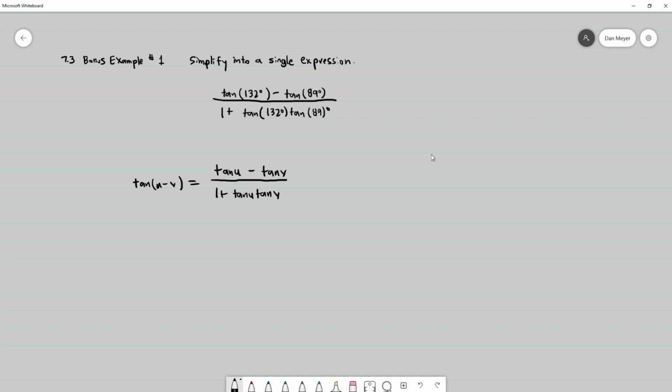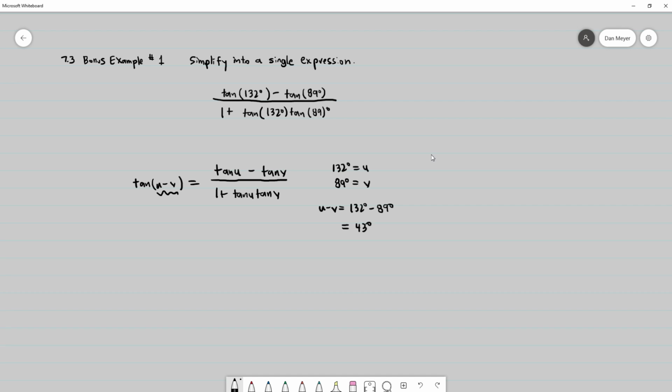All right, so here 132 degrees is playing the role of u, and 89 degrees is playing the role of v, and ultimately we're going to want u minus v in this case. 132 minus 89 is, oh God, 43, I believe.